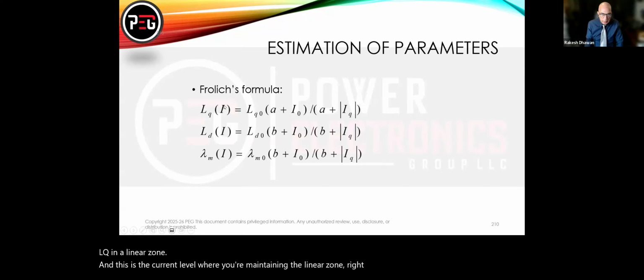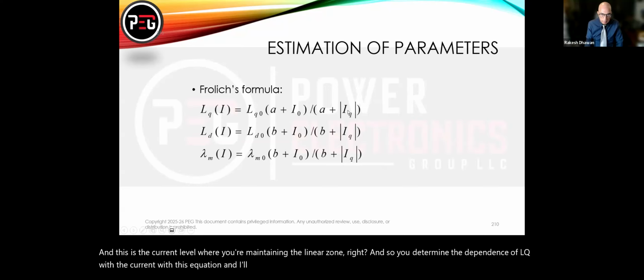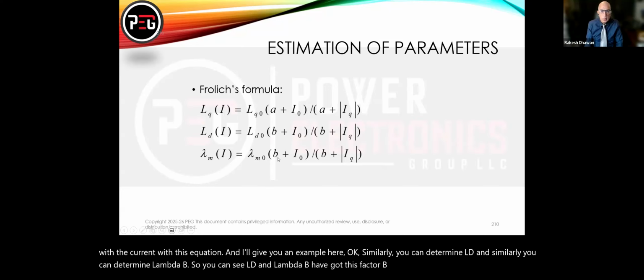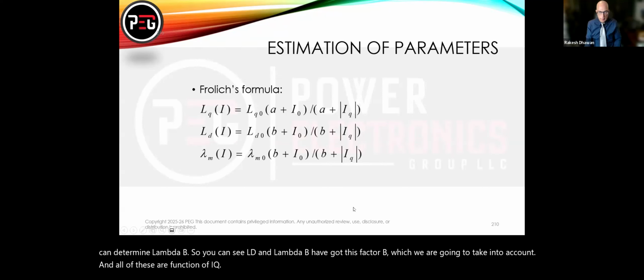You determine the dependence of LQ with the current with this equation. I'll give you an example here, okay? Similarly, you can determine LD, and similarly lambda M. You can see LD and lambda M have this factor B, which we are going to take into account. And all of these are functions of IQ, okay?